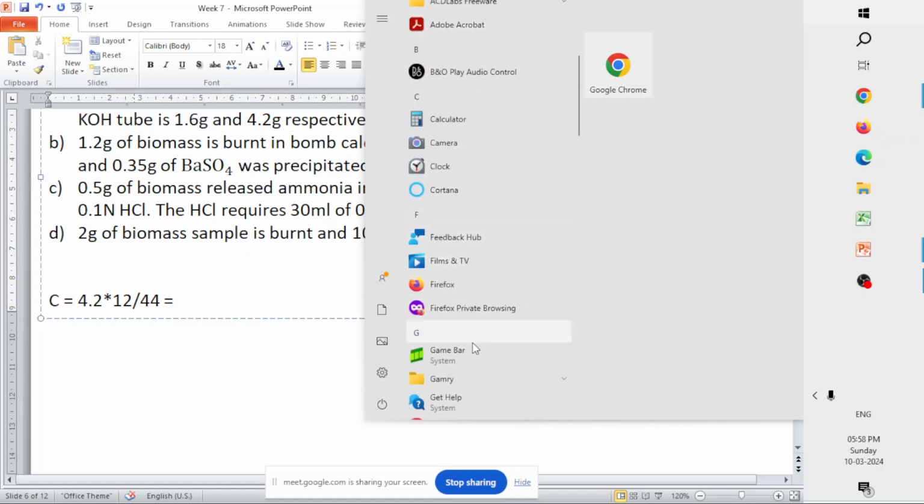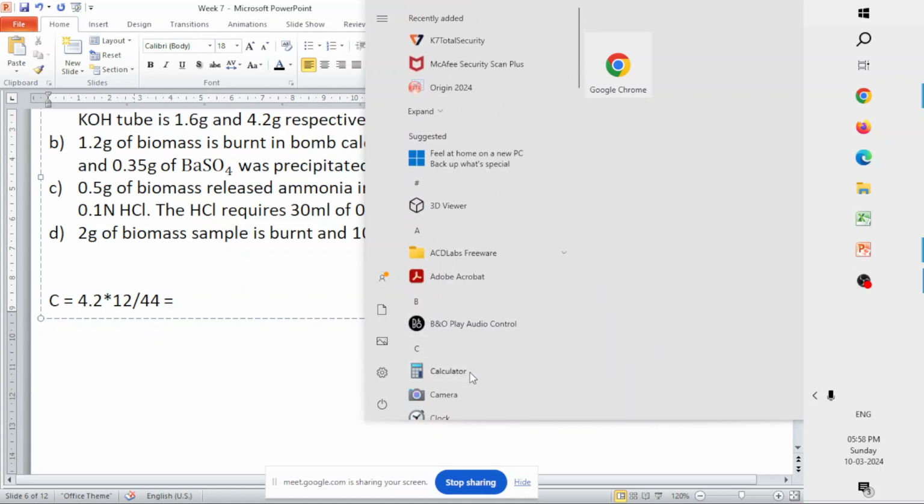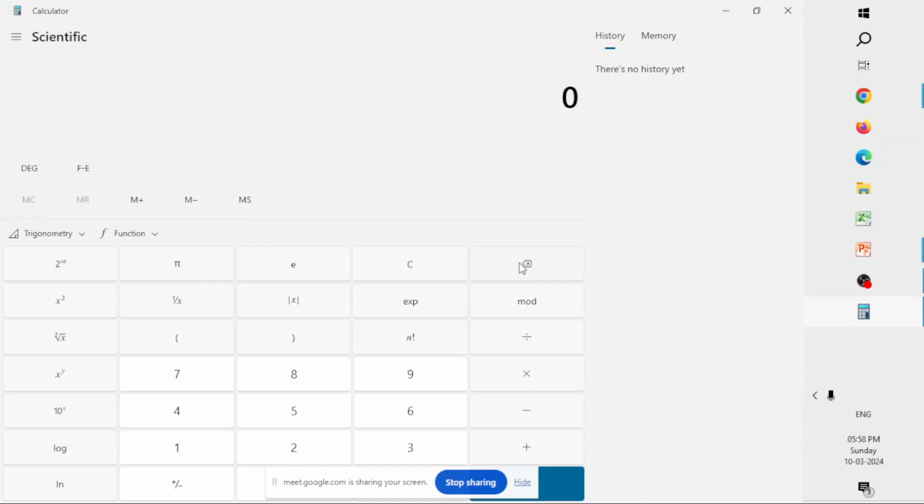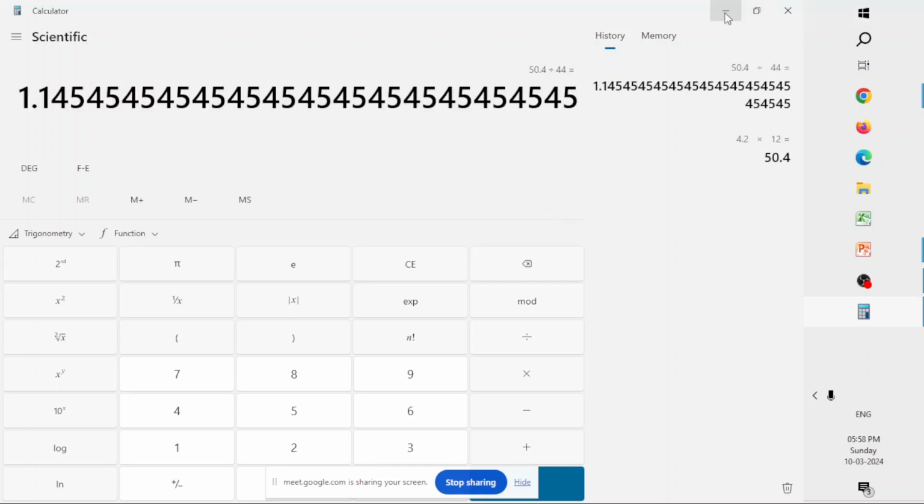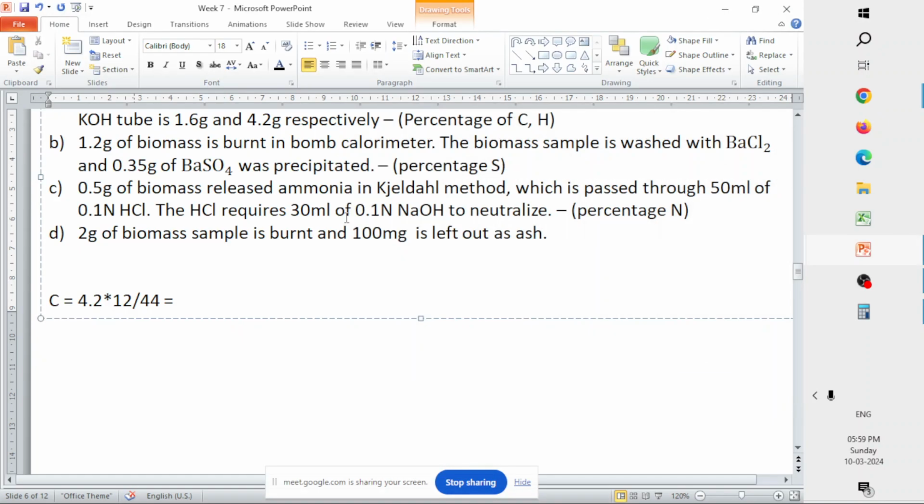If you find the answer before me, you are welcome to tell me. So 4.2 times 12 divided by 44, 1.1454. This is your carbon present in the carbon dioxide that is increasing the weight of your KOH tube.